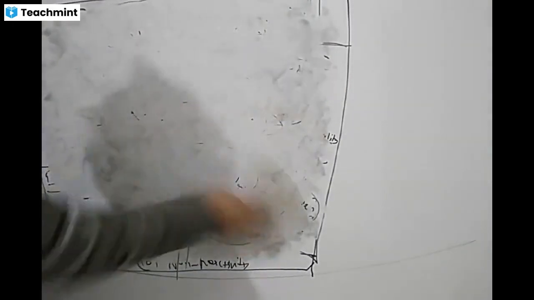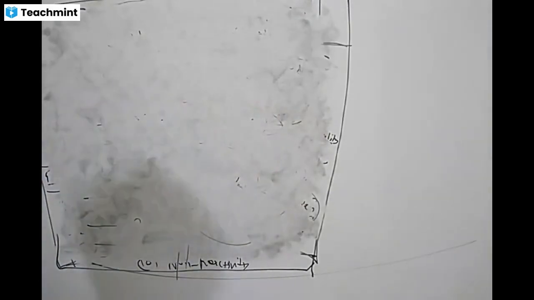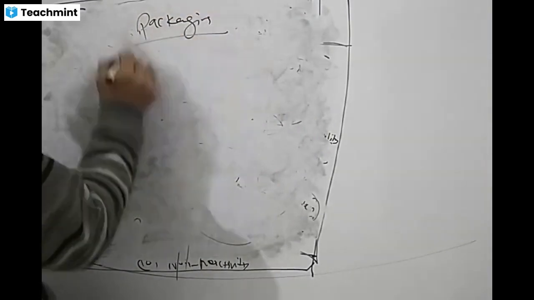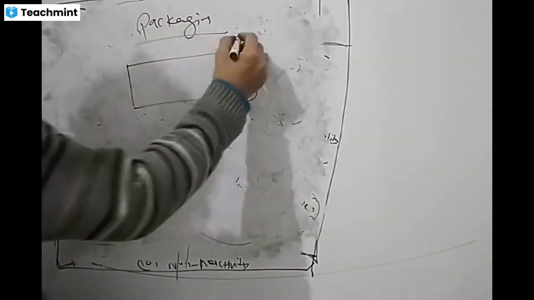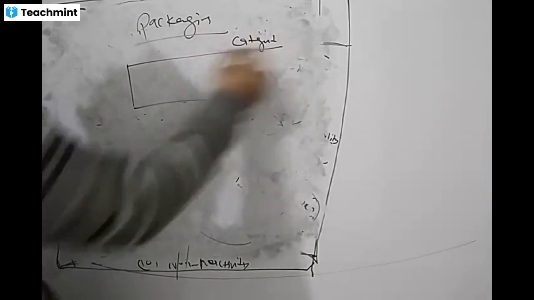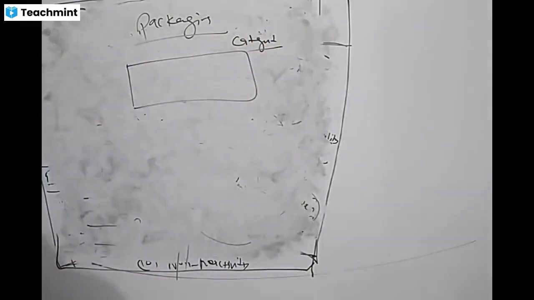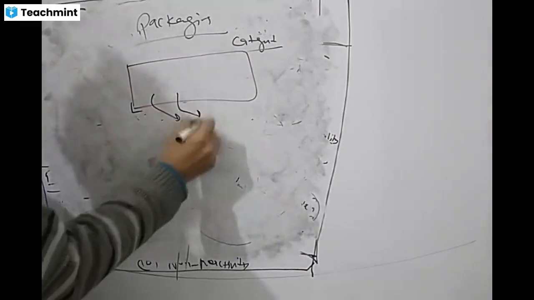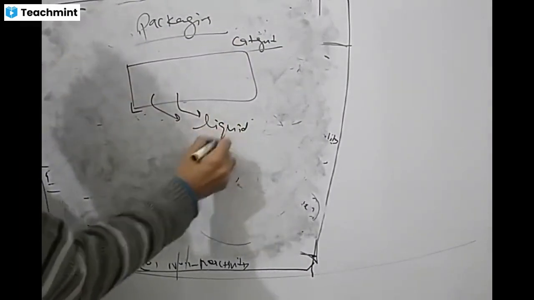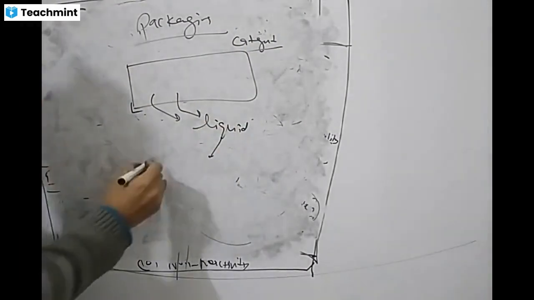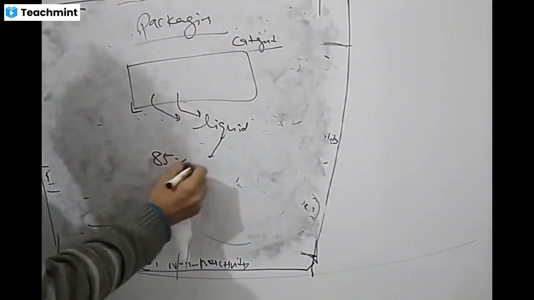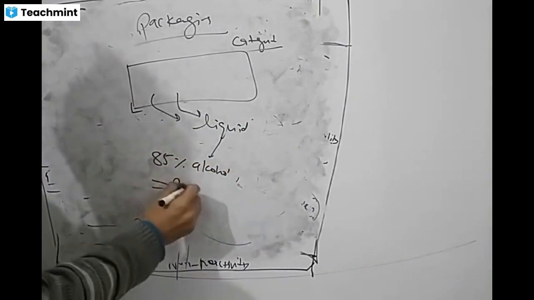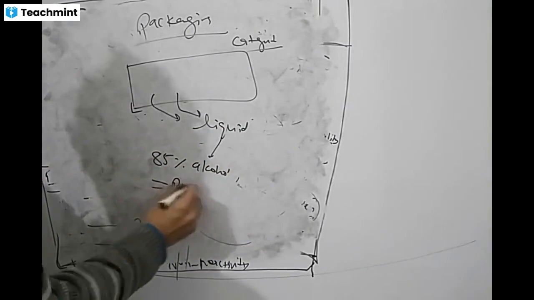See the packaging. This is the packet of the catgut. If you open the packet of the catgut, you will find some liquid may come out. That liquid is nothing but 85% alcohol, and that is used as a preservative.